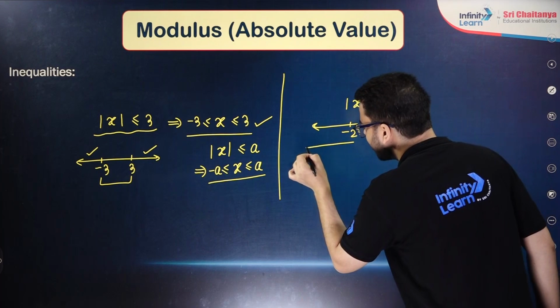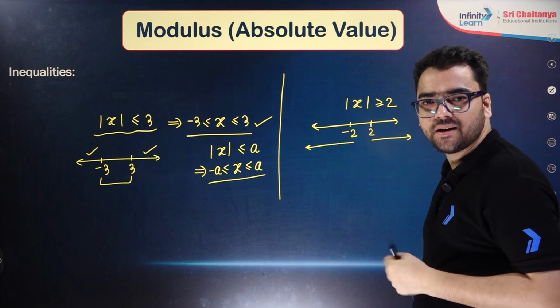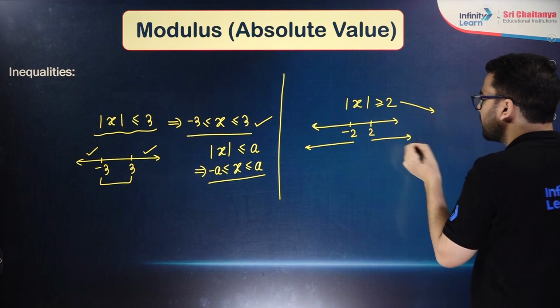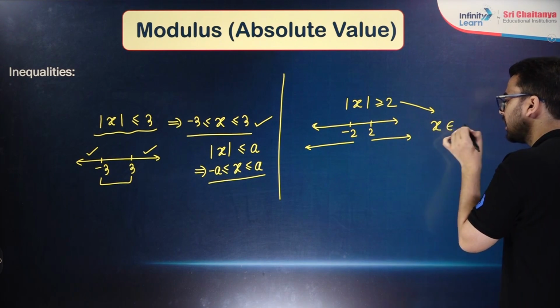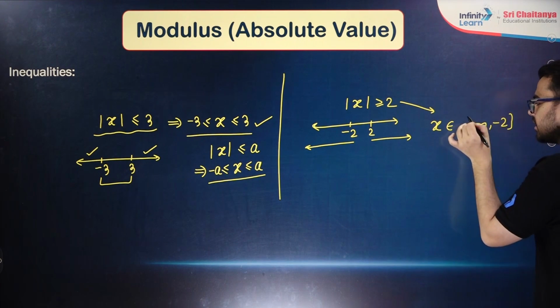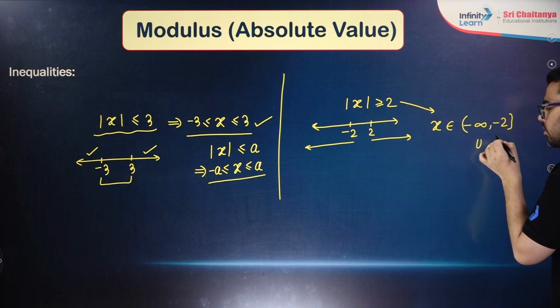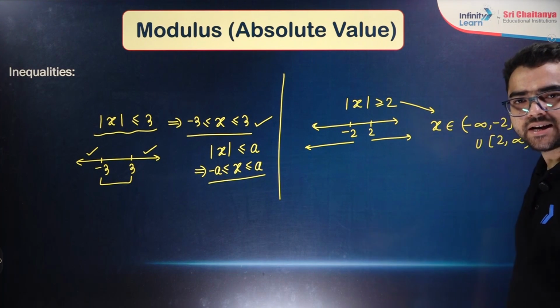And if it is less than -2, then only its modulus will be greater than 2. So can't we say that the solution of it will be what? x belongs to -infinity to -2 closed interval, union 2 to infinity. Do you understand that? That's it.